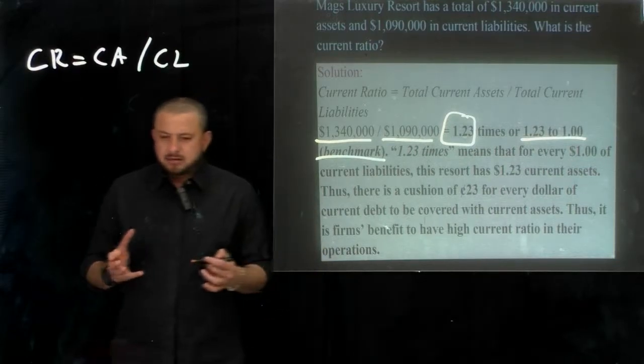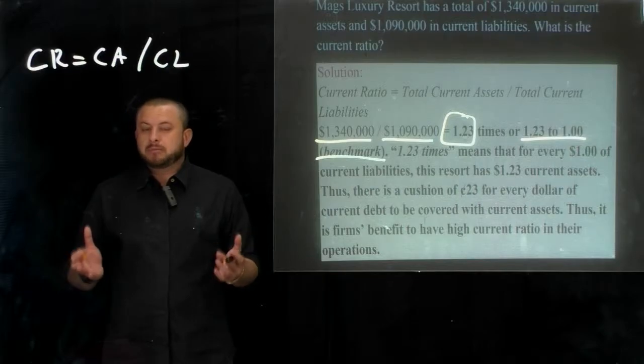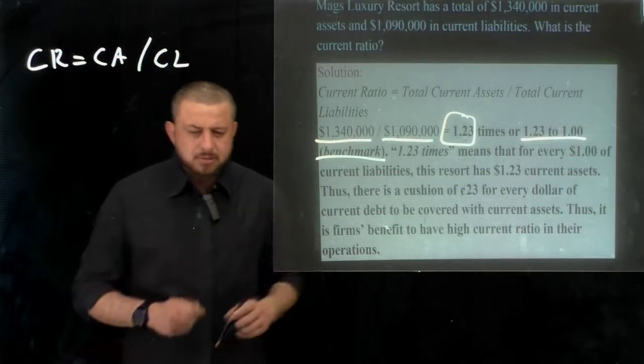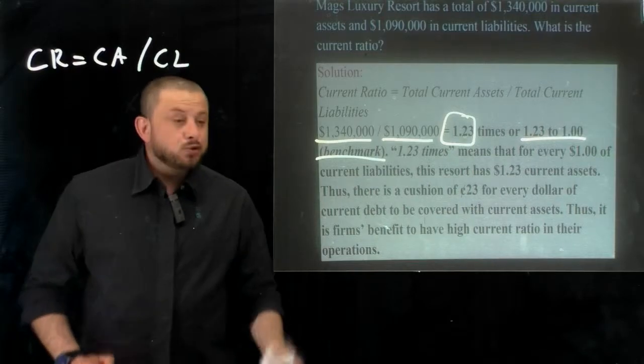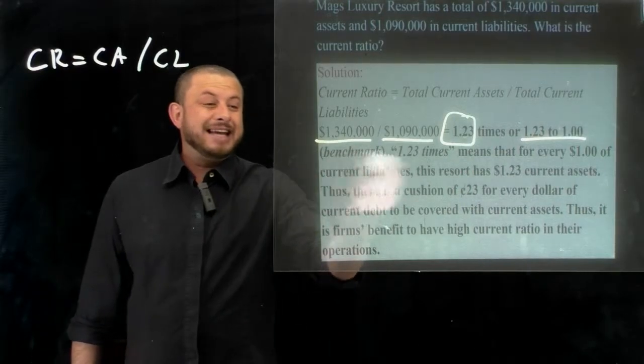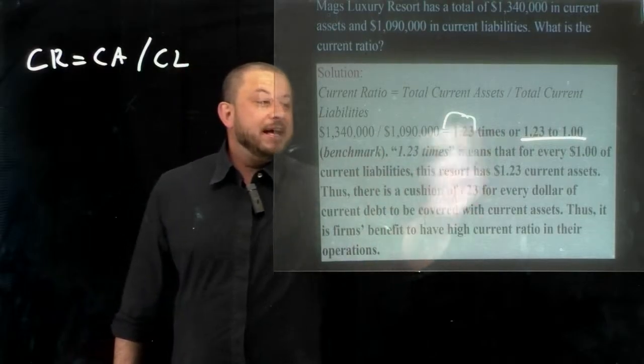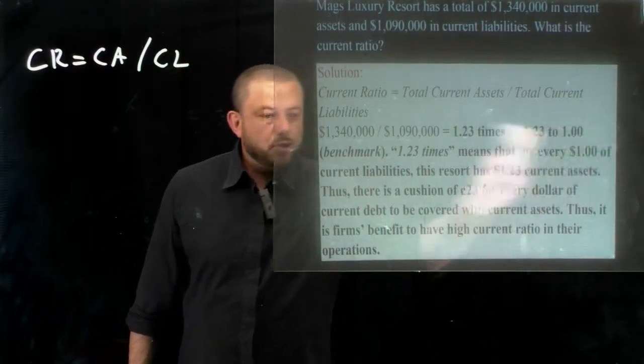So, guys, my current ratio is 1.23, but what does that mean? The most important thing, as I said a couple of minutes earlier, is to be able to interpret the data, interpret the number we have, and that's what we're going to do here.